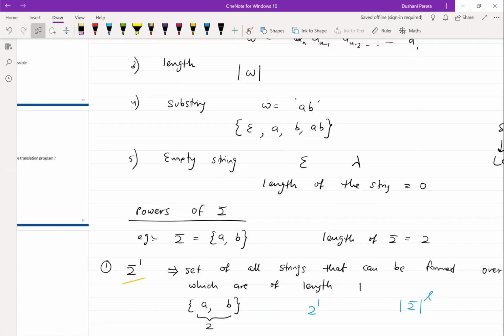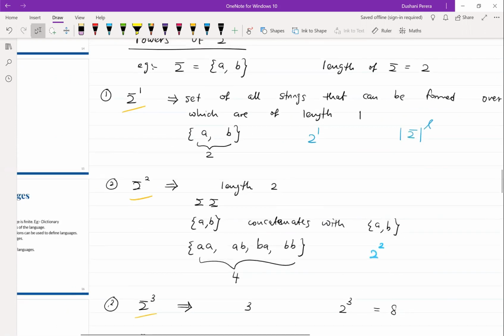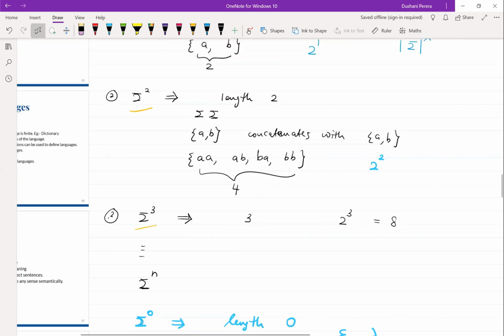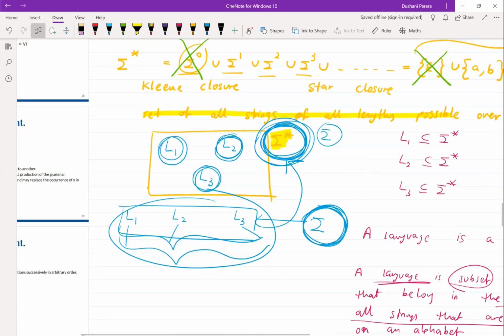Then we spoke of powers of sigma, where we defined sigma to the power of 0, 1, 2, 3, and then we defined sigma star, which is the Kleene closure. The Kleene closure can define languages in a different way, because we found out that a language is a subset of the Kleene closure. Sigma star contains all possible strings of all possible lengths that can be formed over an alphabet, and a language defines a certain set of those strings.